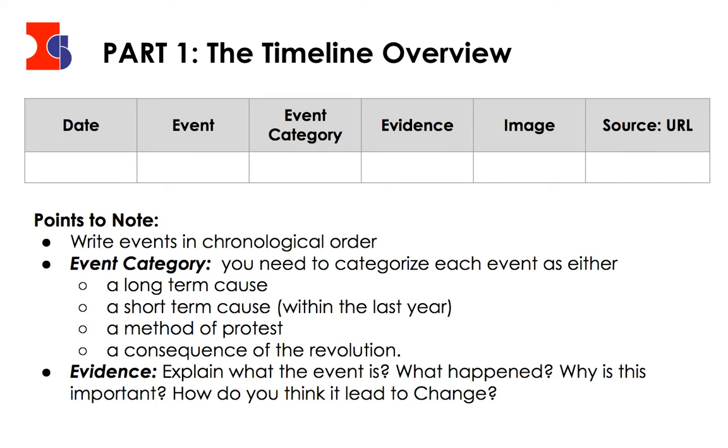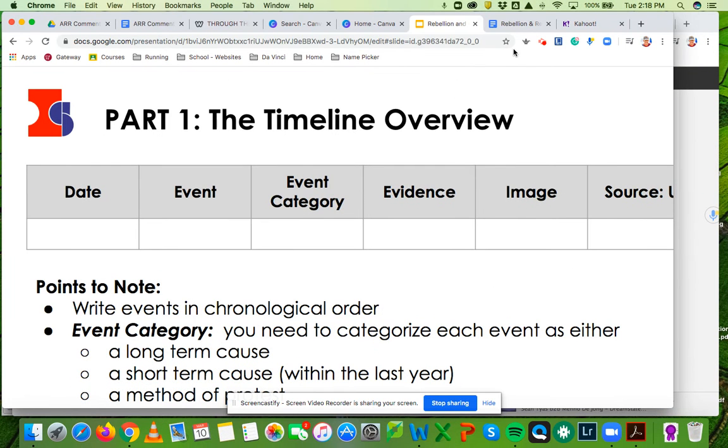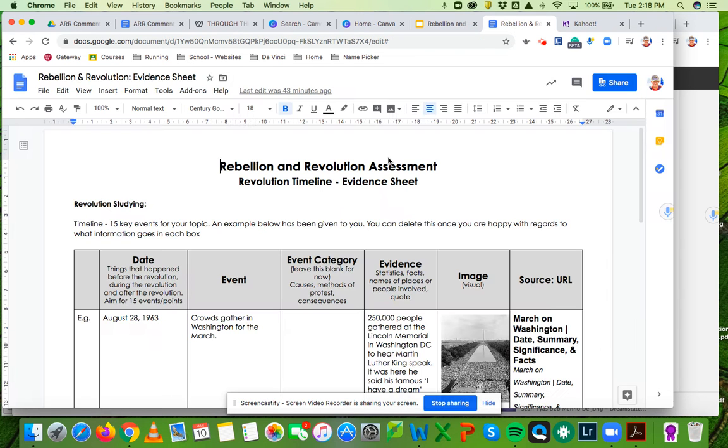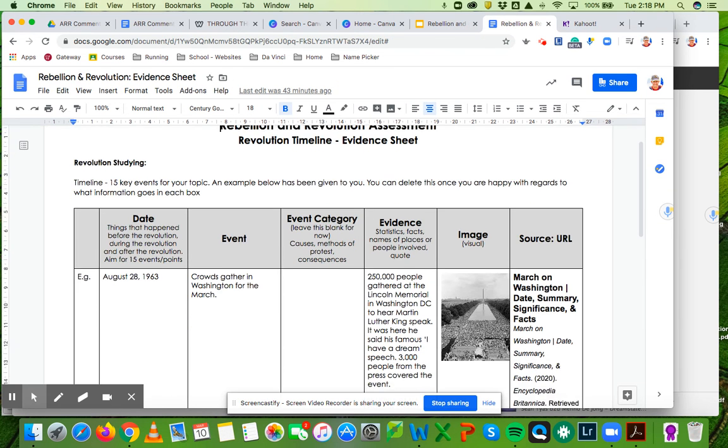Okay. Your task today is to start to do some research around your chosen revolution or protest. In Google Classroom, and I'll just show you what it looks like, you will have a document that looks like this, okay?